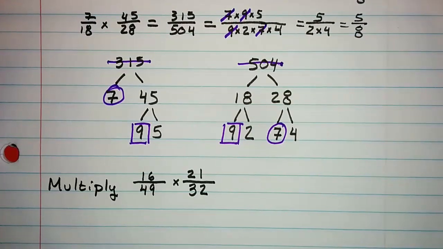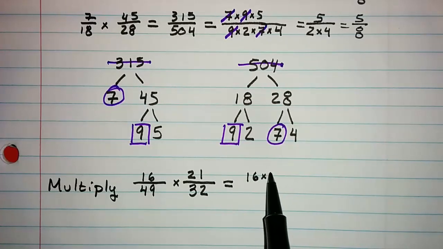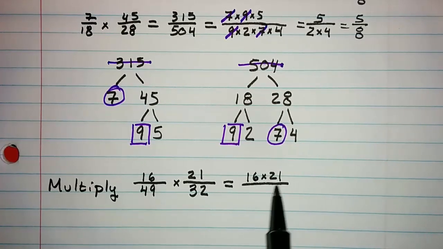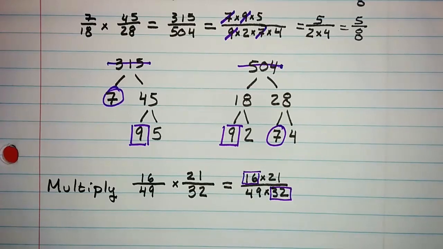16/49 times 21/32, you could write 16 times 21 over 49 times 32. But instead of carrying out this multiplication, you could first look for common factors. And you could notice, for example, that 32 is a multiple of 16.